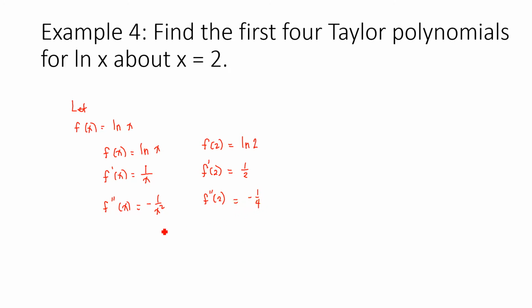And then the third derivative of f of x would be equal to 2 over x cubed, so the third derivative at 2 is 2 over 2 raised to 3, which is equal to 1/4.